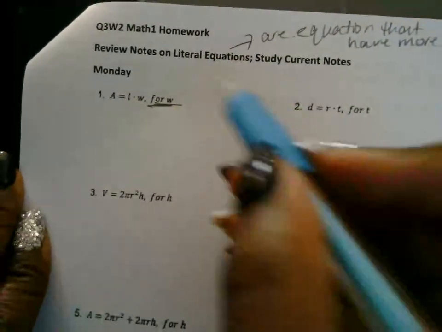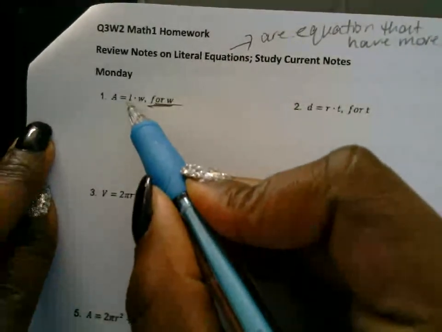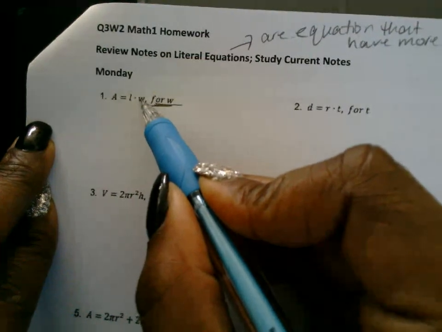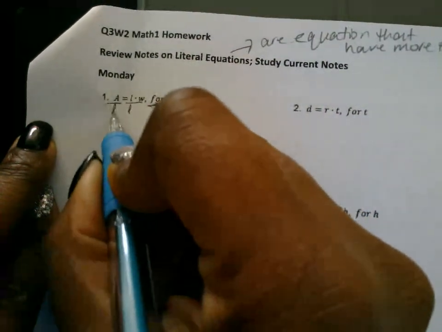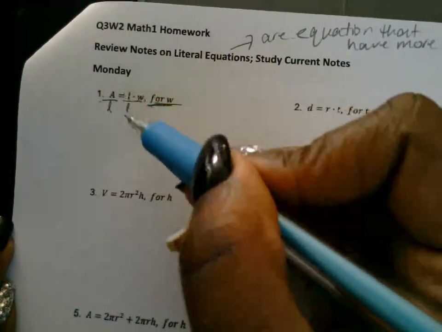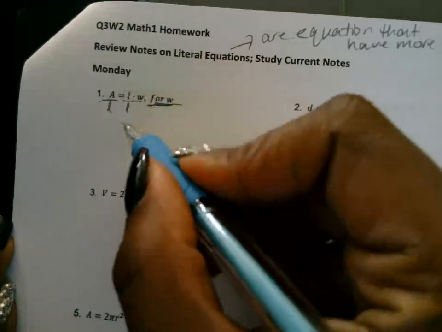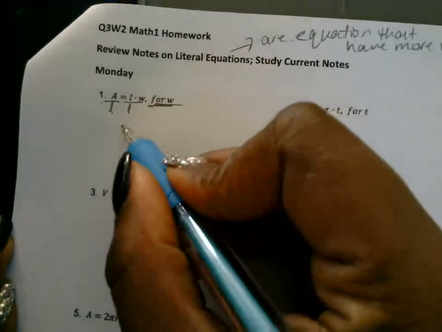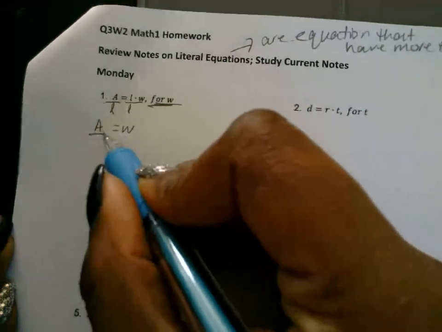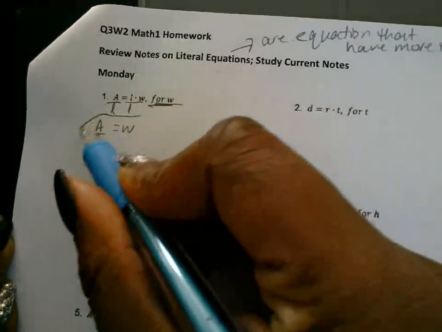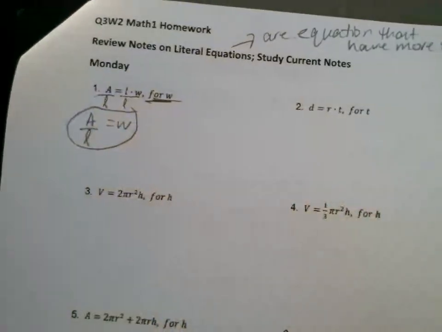To do that, you got to get rid of the L. The L is attached to W by multiplication. The inverse of multiplication is division, so you divide both sides by L. L divided by L is 1, so you're left with 1 W, or just W. So W is equal to A divided by L. This is what W is equal to.